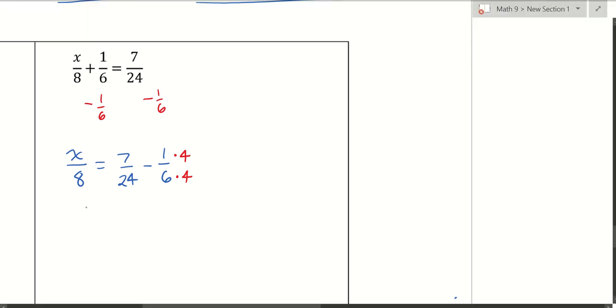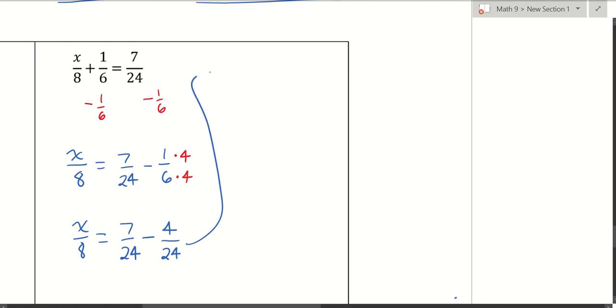So, rewriting both sides, x over 8 equals 7 over 24 minus, what's this fraction now? 1 times 4, the numerator is now going to be 4. 6 times 4, the denominator now is going to be 24. We now have a denominator that is common. This is the denominator of 24 for both of these fractions, so we can simply subtract these two numerators.